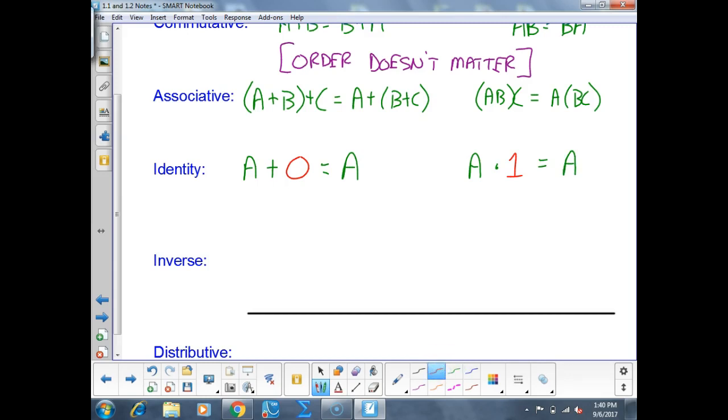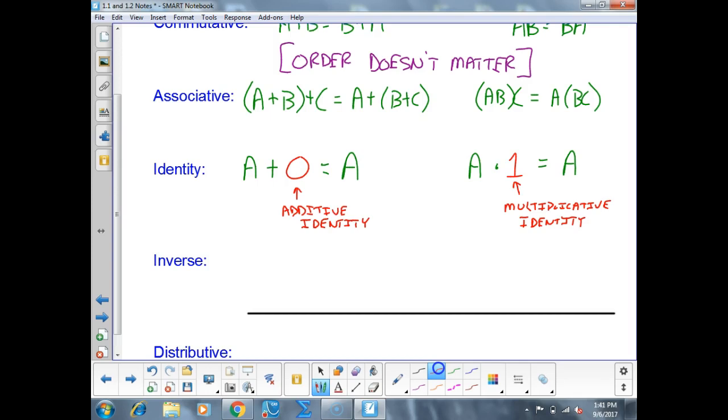This number here is called the additive identity. This number here is called the multiplicative identity. Okay.